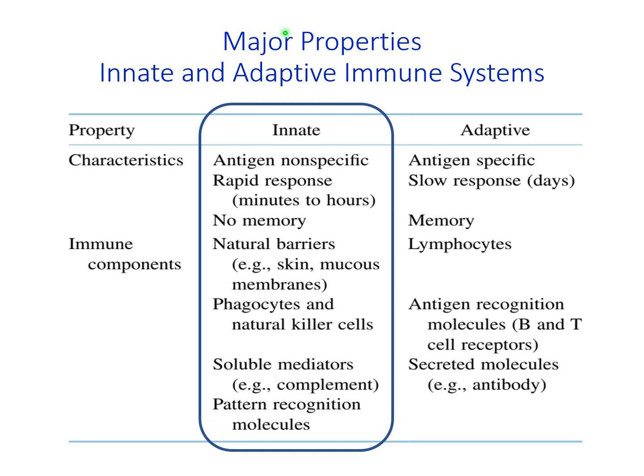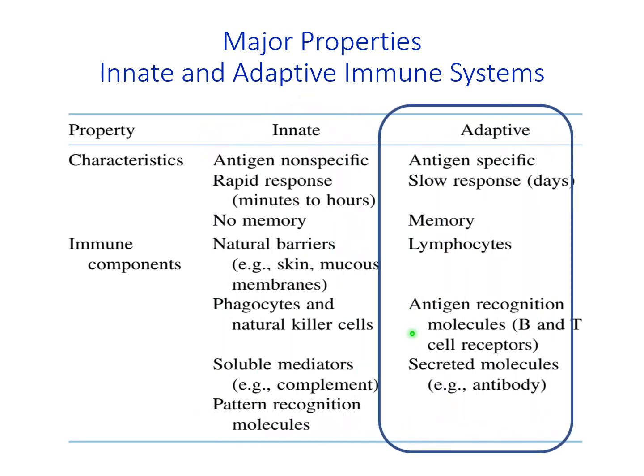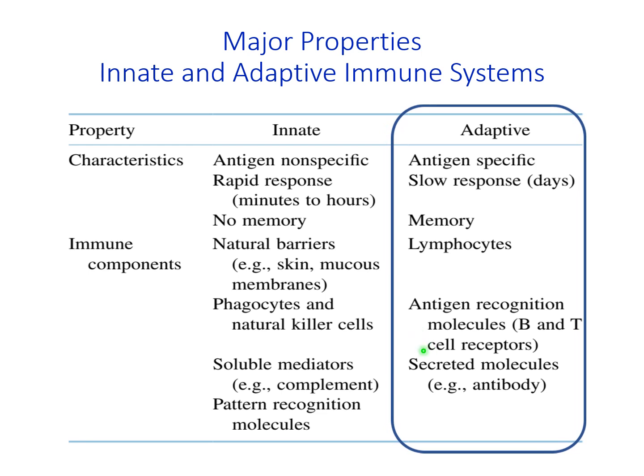In the adaptive immune response, we have T and B lymphocytes as the main leukocytes and the secreted molecules in the form of antibodies, although they also secrete cytokines.